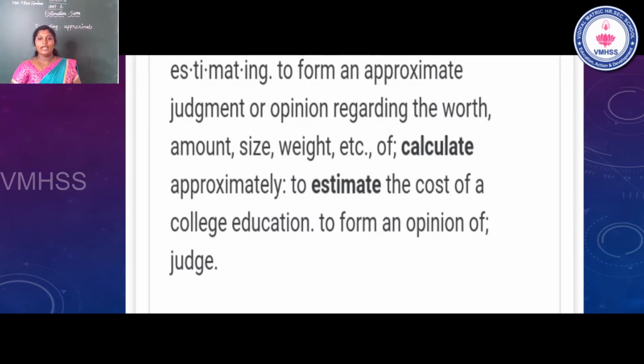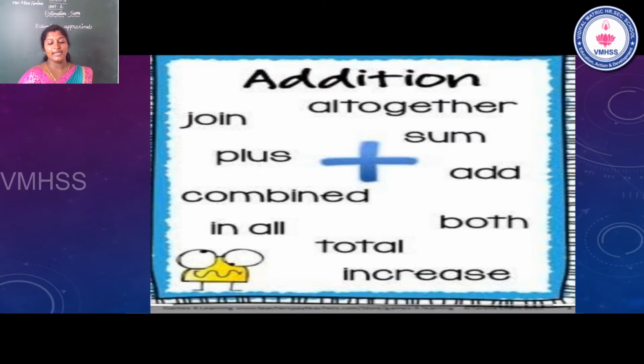This is your approximate value. Okay students, see the next slide.